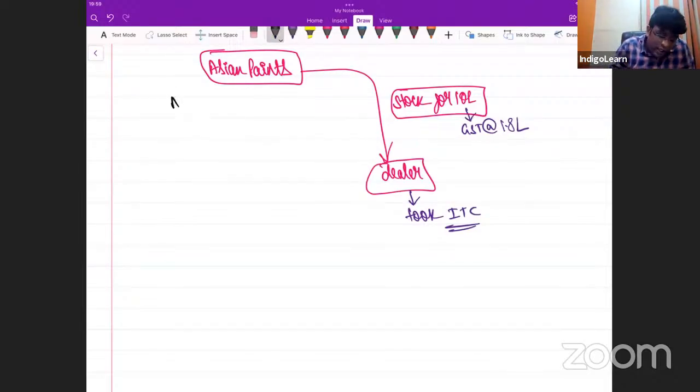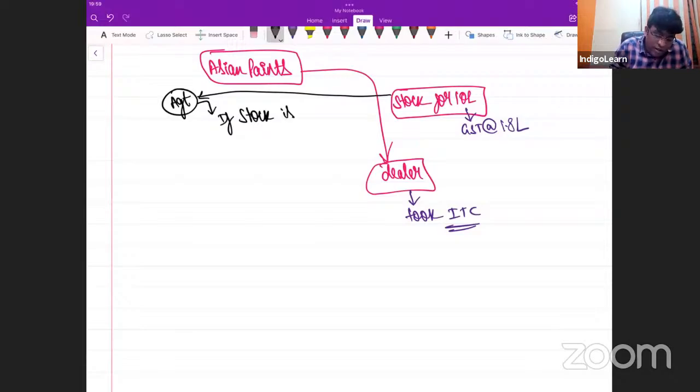Now, right at the start while sending, there is an agreement stating that if stock is not sold within 1 month, then the company will give a 10% discount.